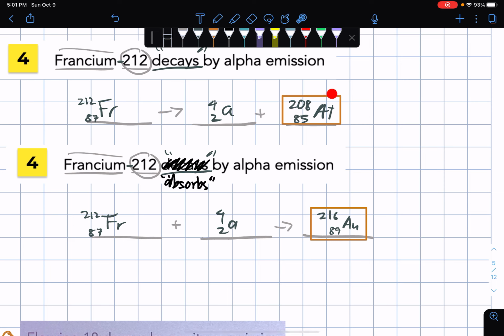I hope you can ponder the difference between them. If francium decays by alpha emission, this is what we get. If the same francium element absorbs by alpha emission, this is what you get.